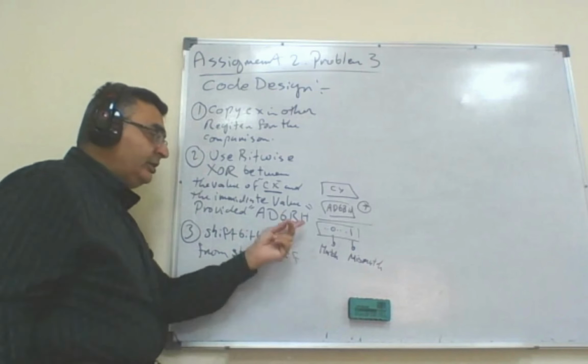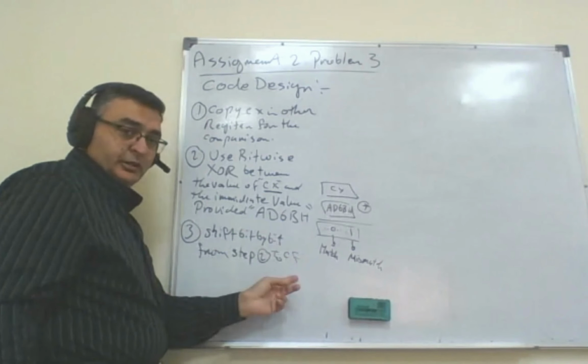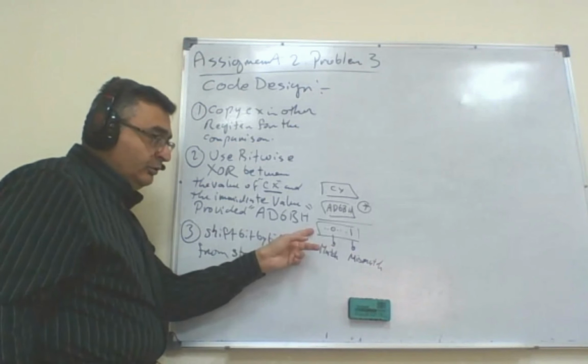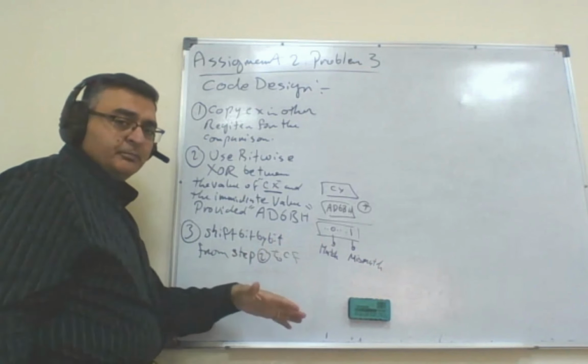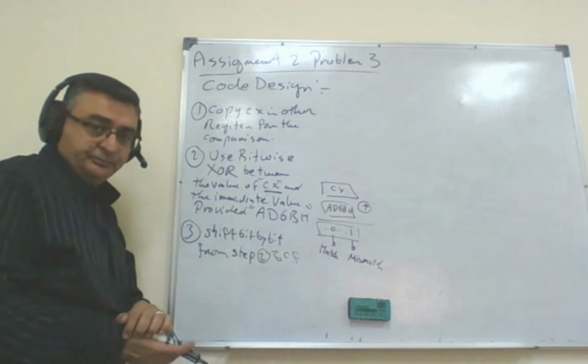That means the carry flag will take one of those bits. If it is a one, I want to accumulatively add it to some nullified register.